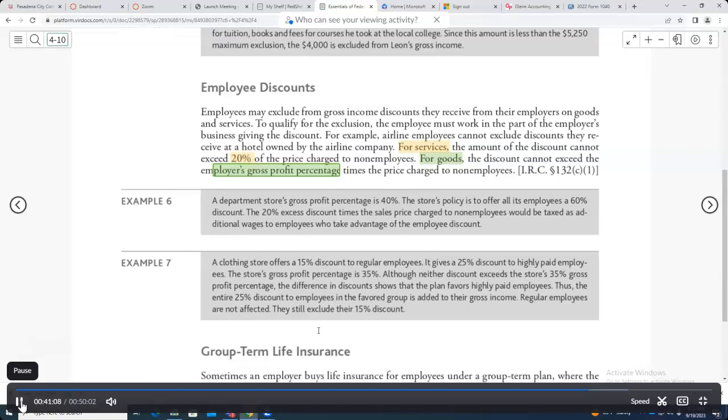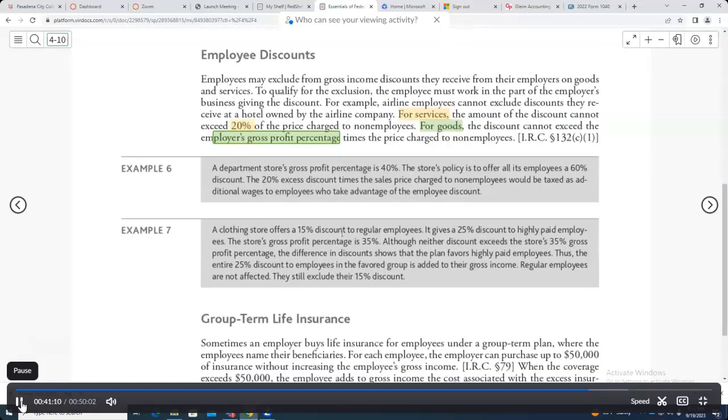So there's an example here. A clothing store offers a 15% discount to regular employees. It gives a 25% discount to highly paid employees. Oops, right? The store's gross profit percentage is 35%, which is sales minus cost of goods sold equals gross profit, and gross profit divided by sales gives you the gross profit percentage.